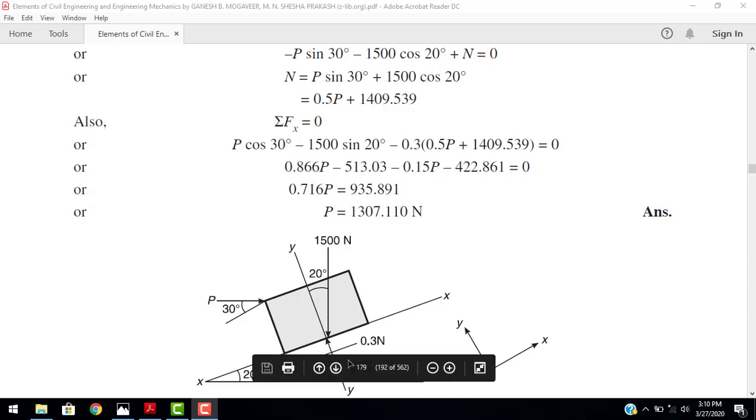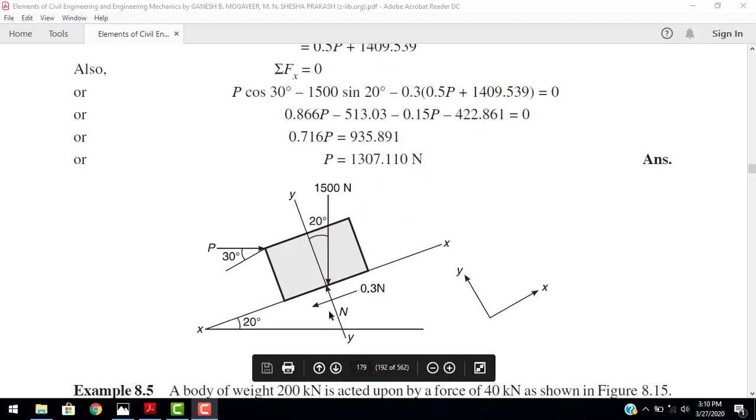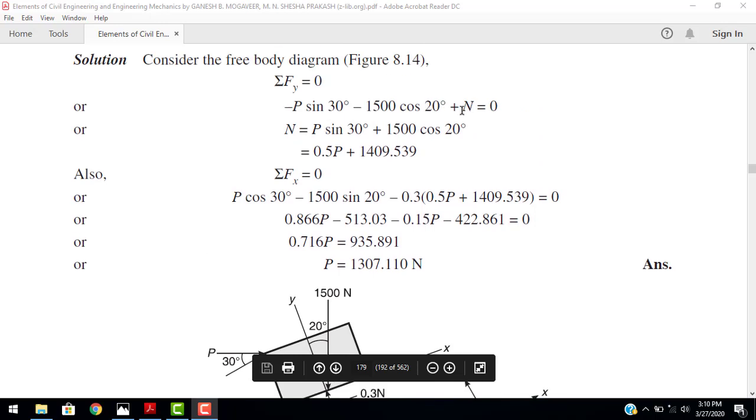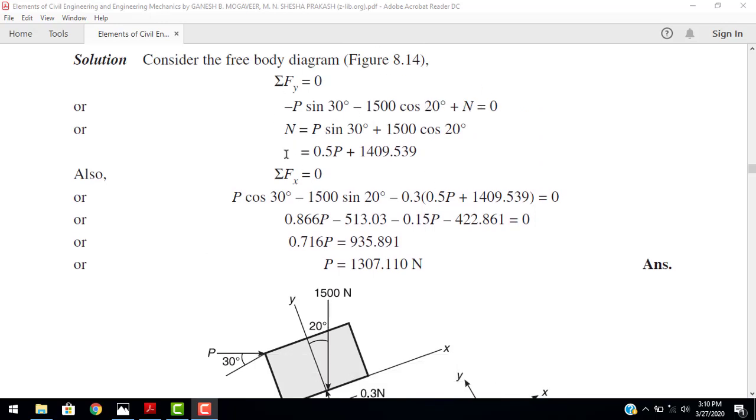Last is the normal reaction, which acts in the upward direction, plus N equal to 0. Further, if you simplify this, we get N equal to 0.5 times P plus 1409.53. So this will be our equation 1.